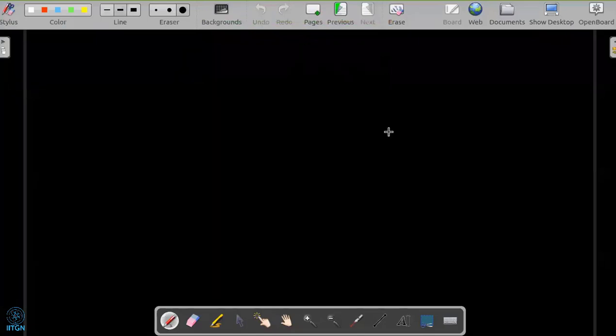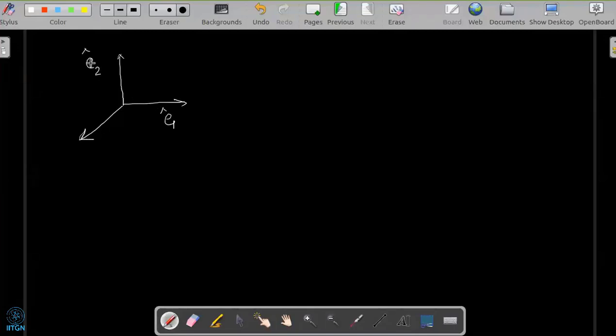Now I will introduce another symbol, another concept, and before that, let's see some properties of our base vectors. One property of base vectors we have explored, and we found that the canonical delta is nothing but the dot product of the two base vectors.